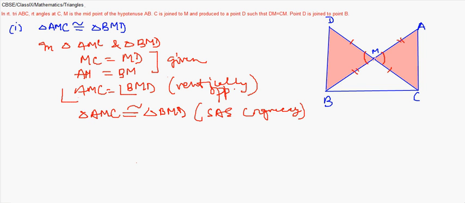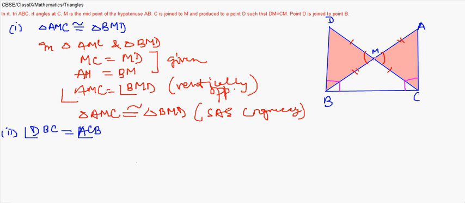What was number 2 to be proved? In number 2 we have to prove angle DBC equal to angle ACB. Let us mark which triangles they mean: DBC and ACB. This and this are supposed to be equal.